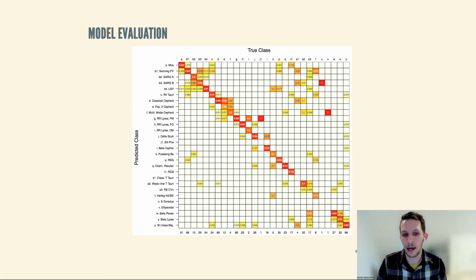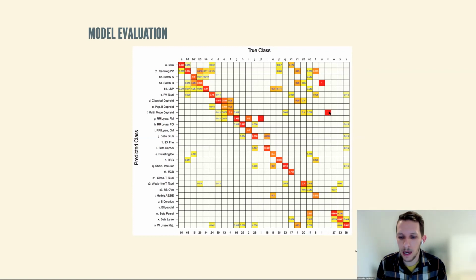What you need to know is that ideally, all of the power would be along the diagonal of this figure, right? So we want to be predicting the true class in every case. And then all of the off-diagonal power indicates classes that are consistently being misclassified, right?